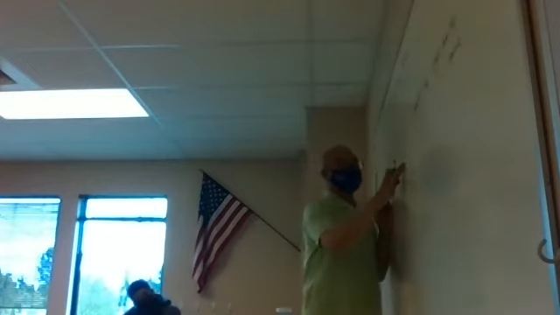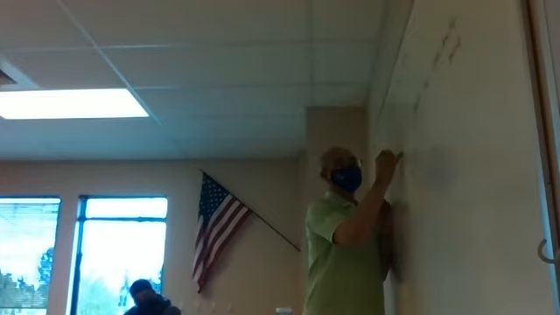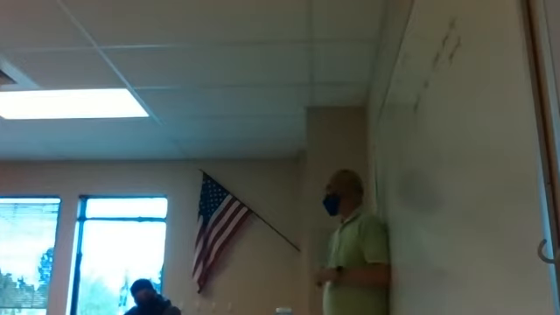If you have perpendicular lines, what does perpendicular mean? Does anybody know? If I have this line and this line here is perpendicular, that means the angle where they meet is 90 degrees.